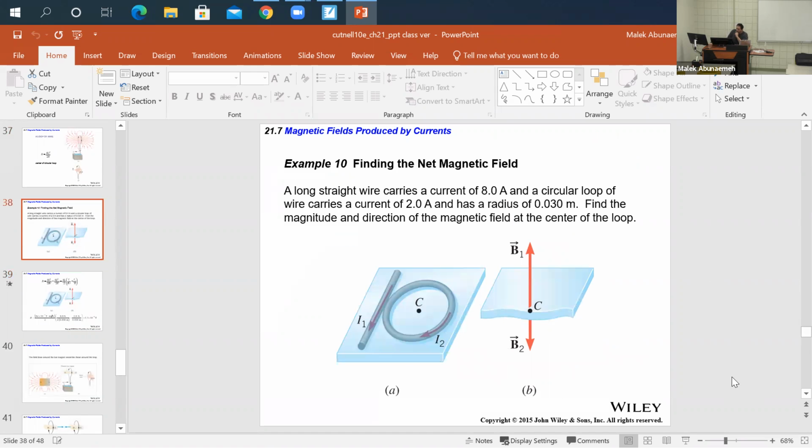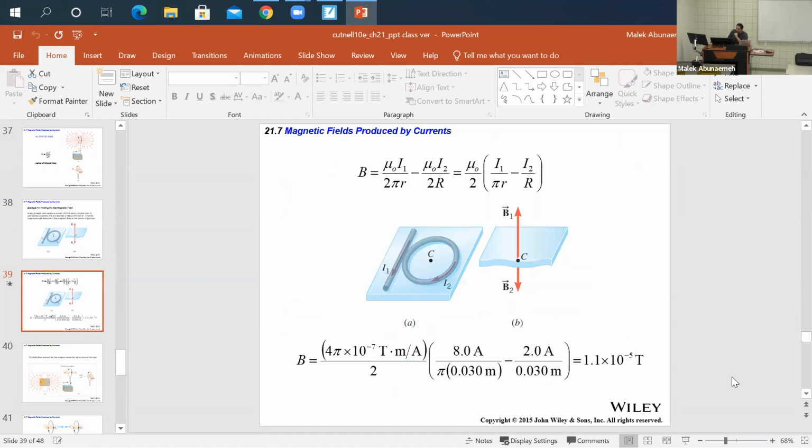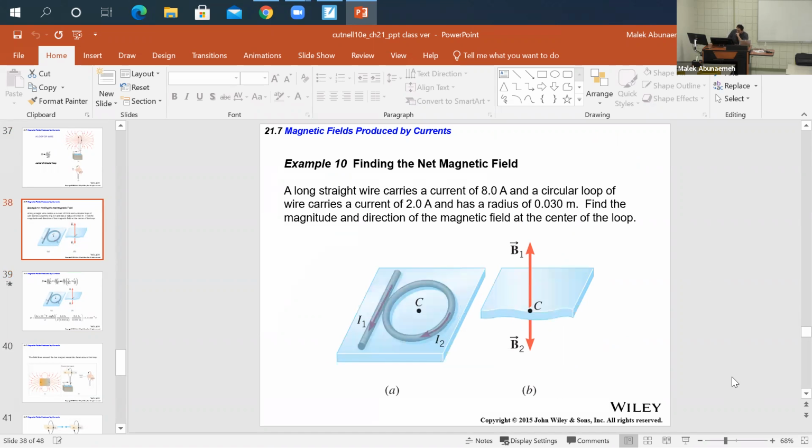So go ahead and pause this video. There's a good example over here that substitutes these two, where you have to handle the difference between the loop and the wire. Go ahead and plug in the equations and see if you can get the answer.